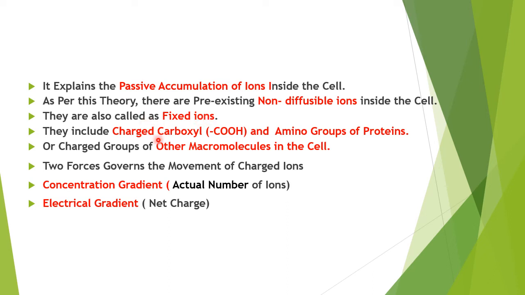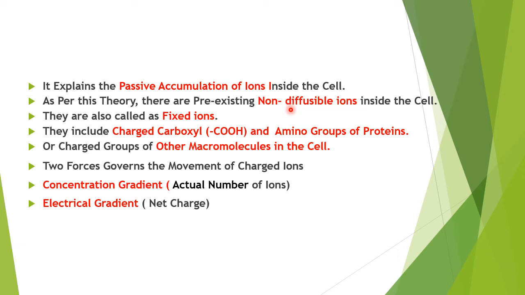They include charged carboxyl and amino groups of proteins, or charged groups of other macromolecules in the cell. The cell inside has certain fixed ions, fixed molecules, which are non-diffusible. They will not be taken across the membrane because of the selective permeability of the membrane.